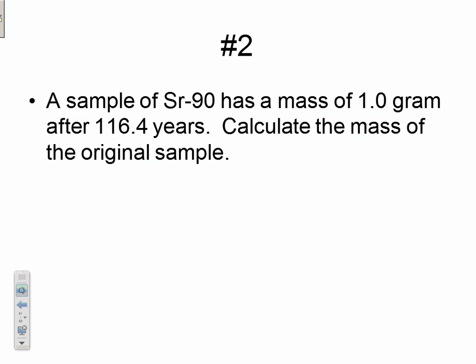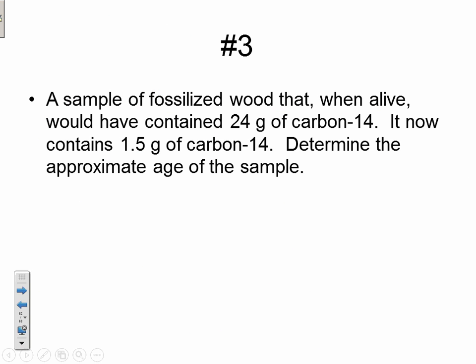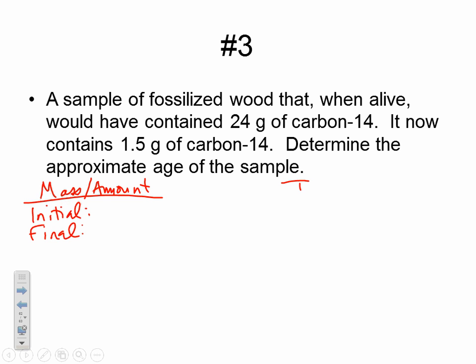That's the idea. A sample of fossilized wood that when alive would have contained 24 grams of C14 now contains 1.5 grams of C14. Determine the approximate age of the sample. Same thing, mass/amount and time. So mass amount is always initial and final, and time is always total and 1 half-life.